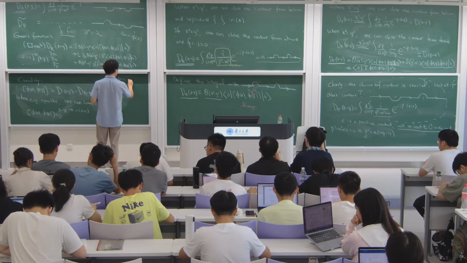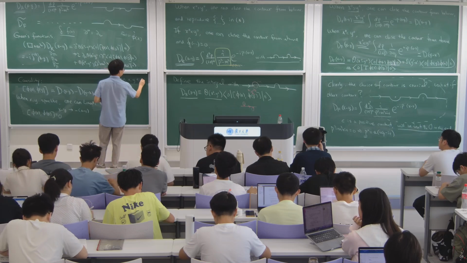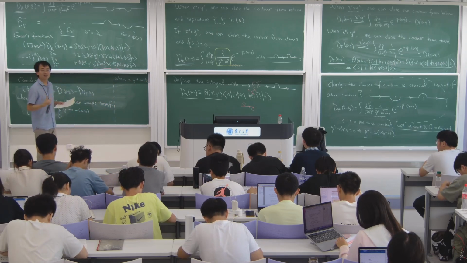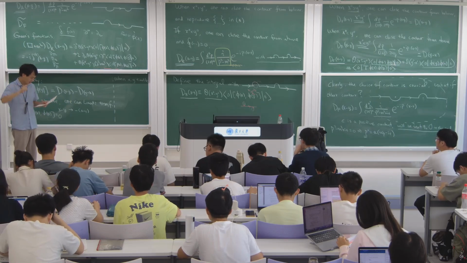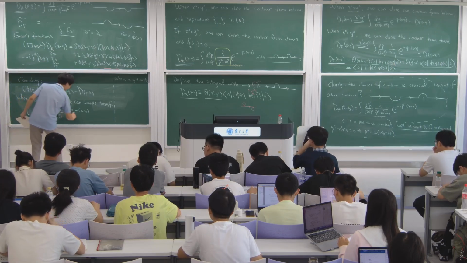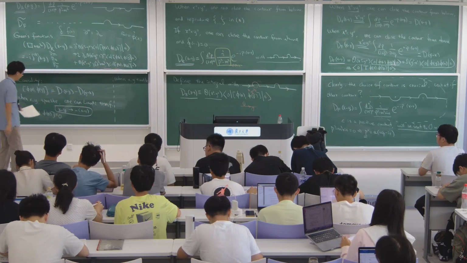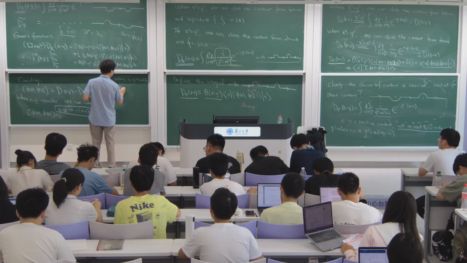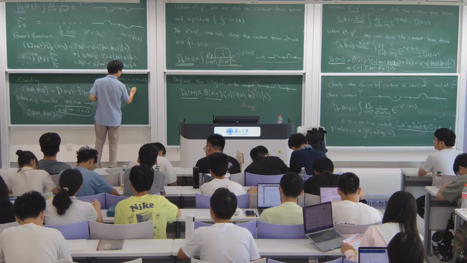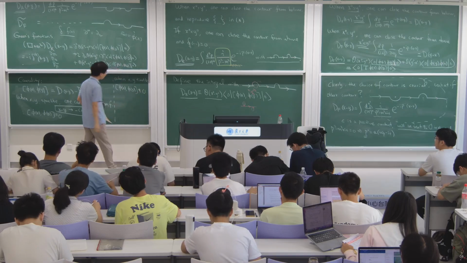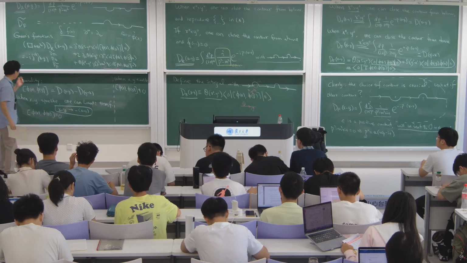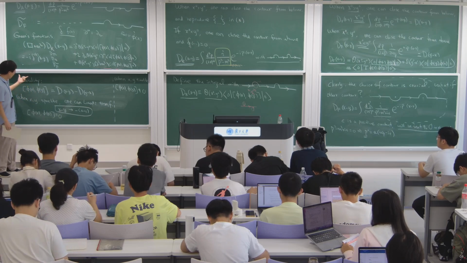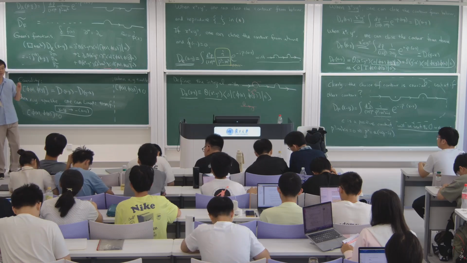Now, what happens if x, y are time-like? If these are time-like, there's no continuous Lorentz transformation that can send x minus y to y minus x. Because of this, the commutator is not zero. This means the commutator operation really does the job to distinguish whether these two points are causally related or not.